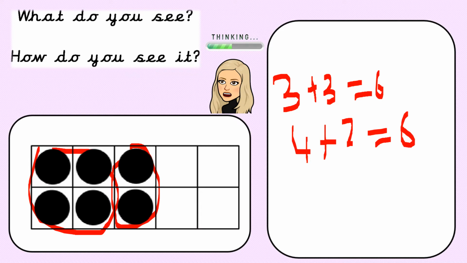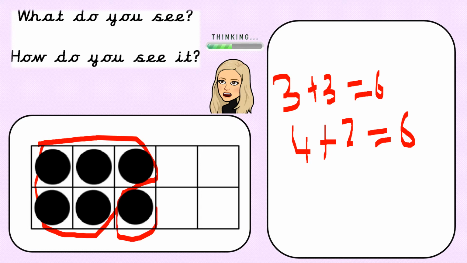You may have seen 2 add 2 add 2 equals 6, and you would have been counting in 2s. You may have even seen 5 and 1 equals 6.